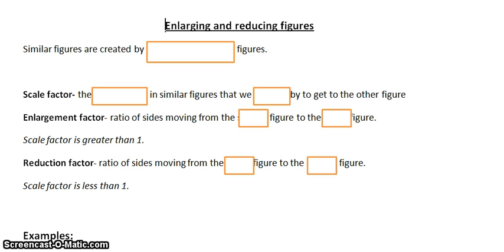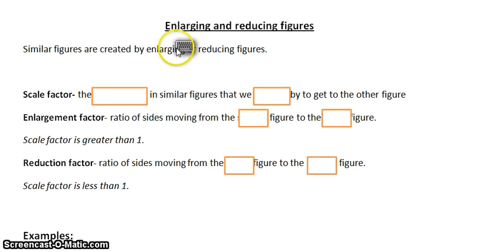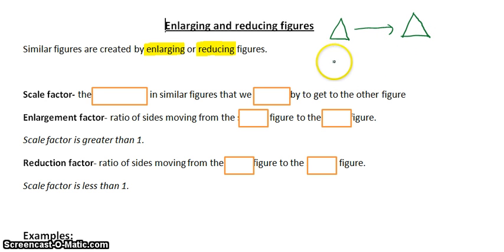Okay, so the first thing that you need to know is that similar figures are created by enlarging or reducing figures. In other words, if you have a shape, and we discussed this before, say I draw this little triangle here, and I want to make it bigger, it's going to go through an enlargement process, and it gets me to the similar triangle that's bigger.